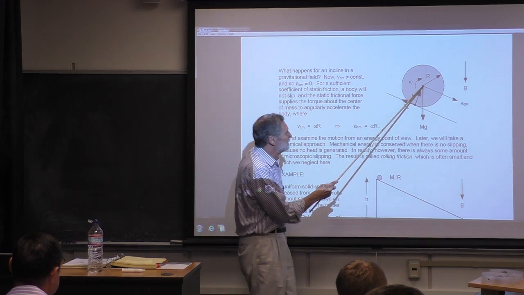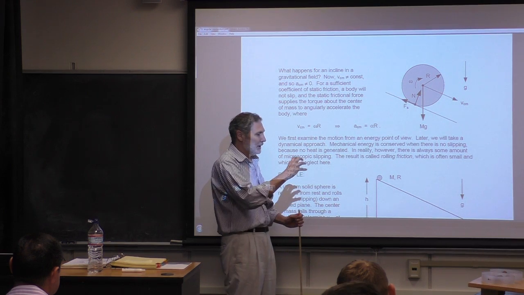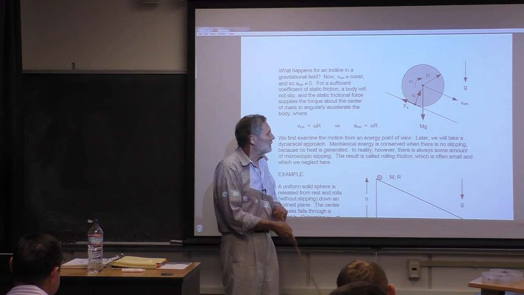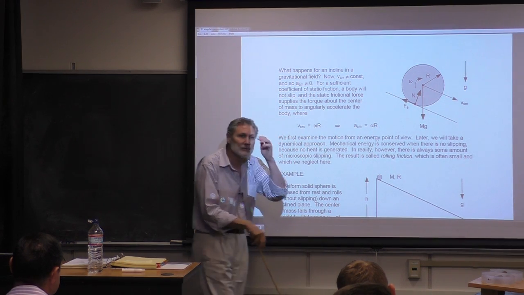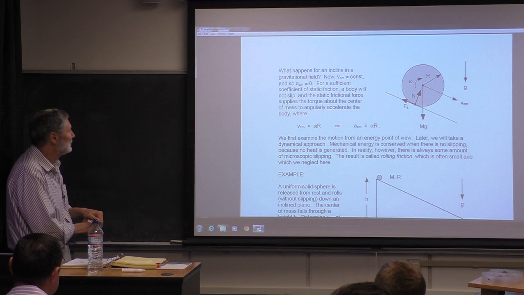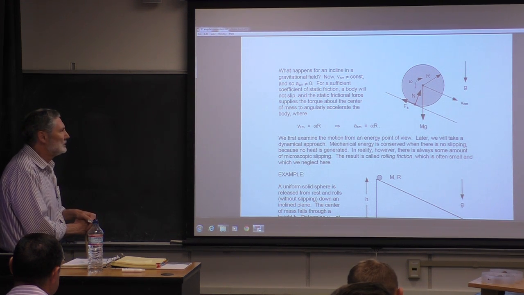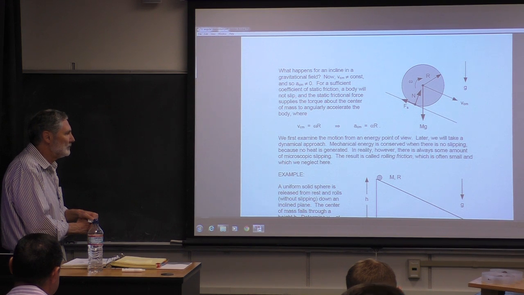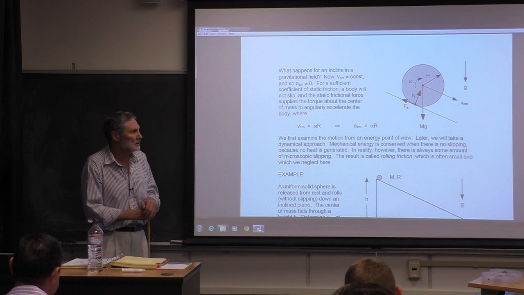If the center of mass is accelerating down here, the angular velocity has to get greater and greater, because we have no slip, which is what we're going to assume. So the static frictional force supplies the force to make the object roll here and not slip.